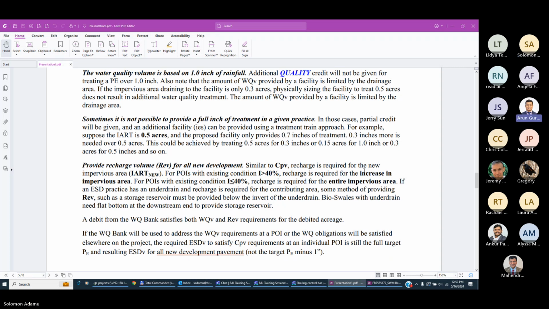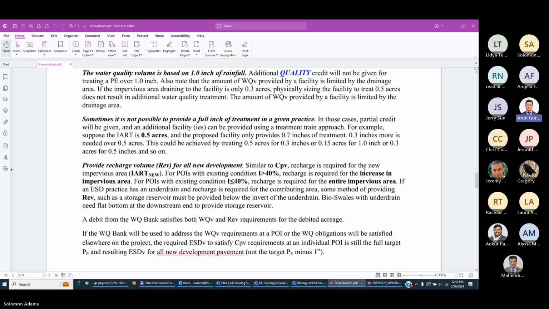Just saying it in very plain terms: before anything was developed, your site was what we in water resources call woods in good condition. There are different soil types, and whatever falls on that soil, some of it infiltrates into the ground and recharges your groundwater table.